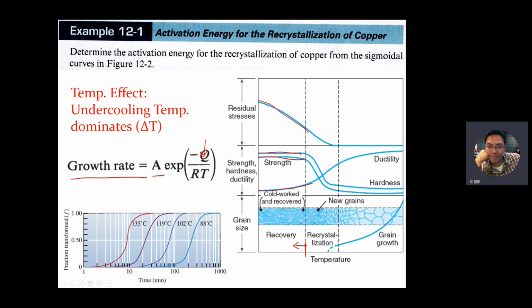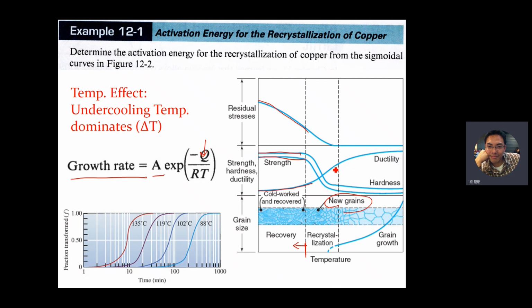When we keep heating up to reach its recrystallization temperature, that means new grains form. So what's the use of these new grains?